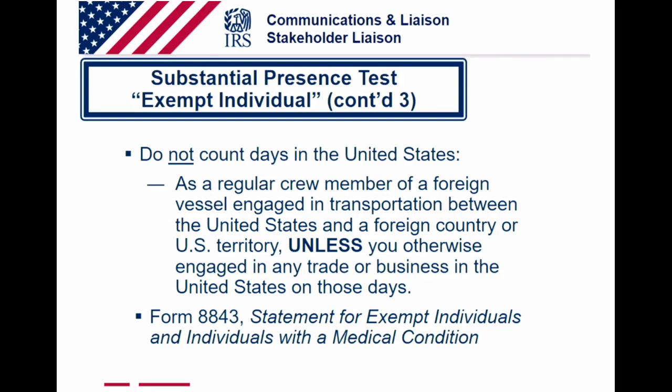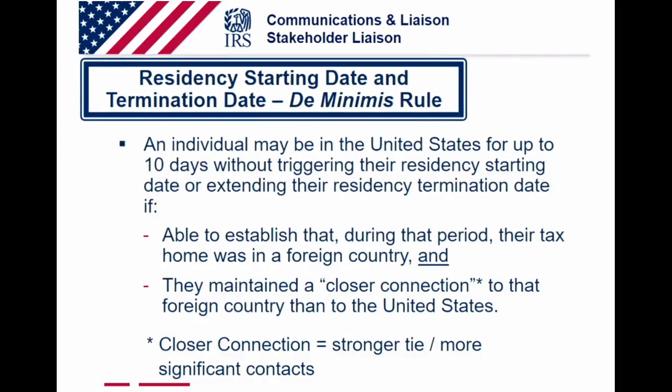Emma will now discuss the de minimis rule and its effect on an individual's residency starting date. Emma? Thank you, Kathy. As mentioned earlier, an individual's residency start under the substantial presence test is generally their first day present in the United States.